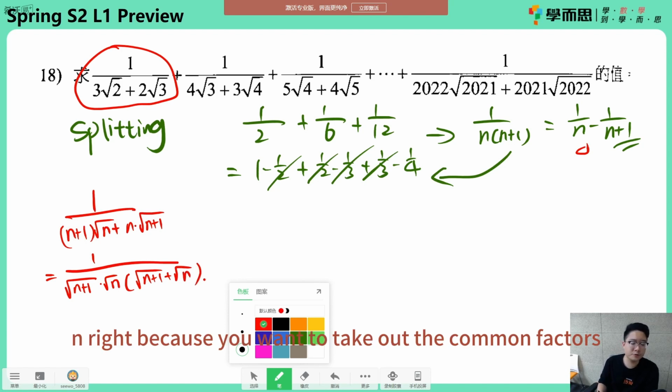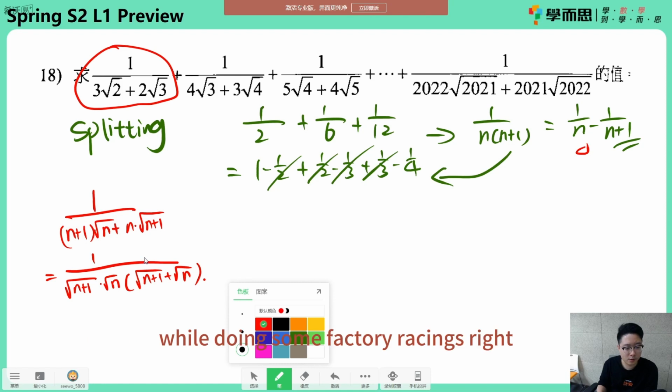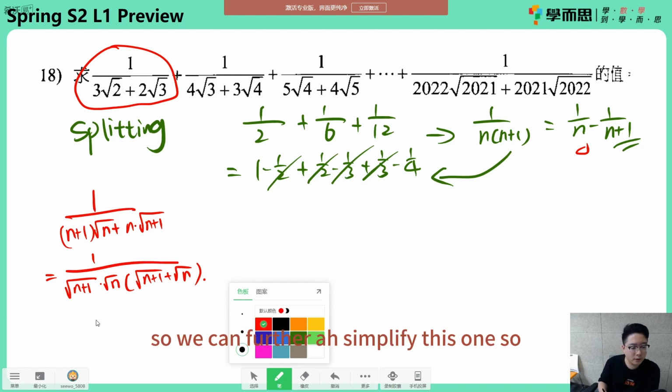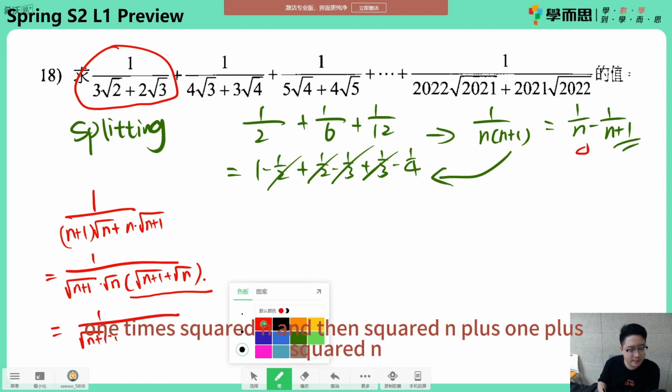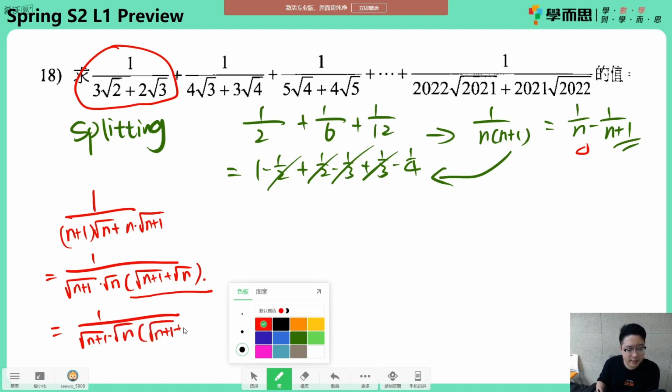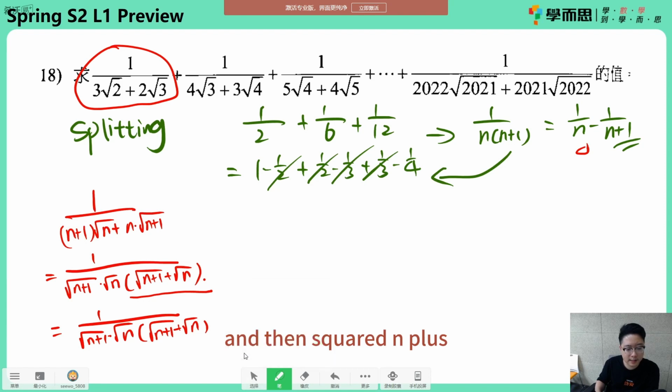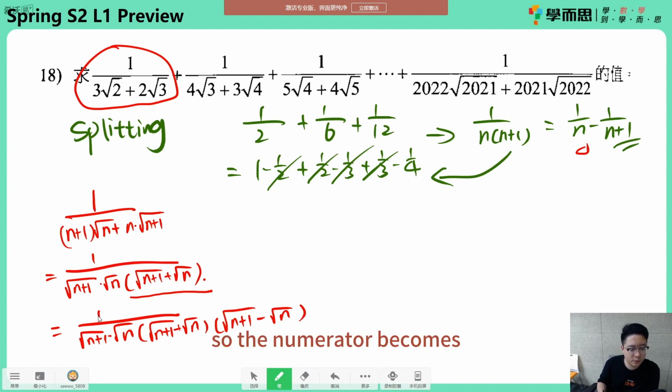Because you want to take out the common factors while doing some factorizations, right? So we can further simplify this one. So this one equals 1 over square root n plus 1 times square root n, and then square root n plus 1 plus square root n, and then square root n plus 1 minus square root n. Okay? So the numerator becomes square root n plus 1 minus square root n.